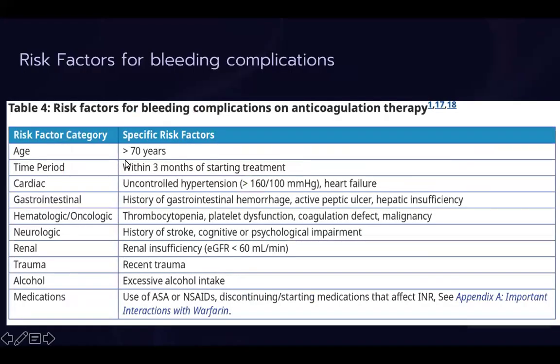For example, older patients, patients with uncontrolled hypertension, patients with a history of gastrointestinal hemorrhage or an active ulcer, patients who are known to have challenges with coagulation already, a history of stroke, cognitive or psychological impairment, poor kidneys, recent trauma, and again, alcohol intake is potentially problematic. We also need to be clear about what other medication can be problematic, especially aspirin and NSAIDs.